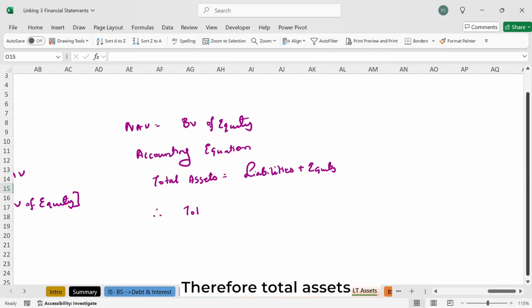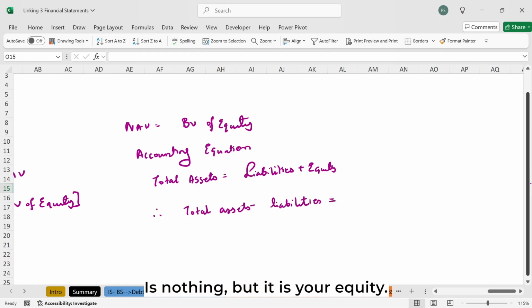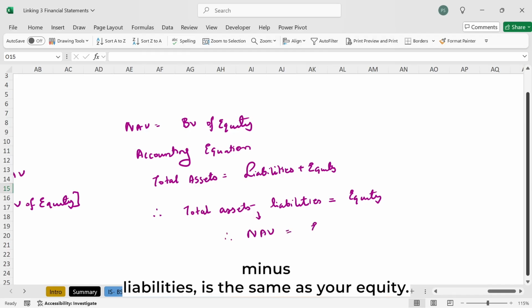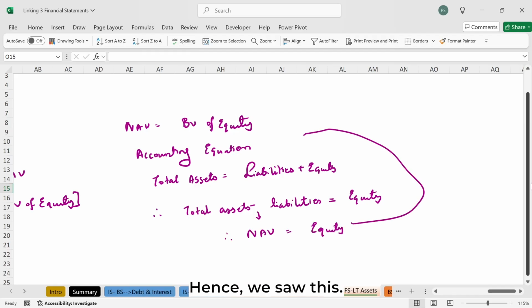Therefore, total assets minus the total liabilities is your equity. Therefore, your net asset value, which is total assets minus liability, is the same as your equity. Hence, we saw this.